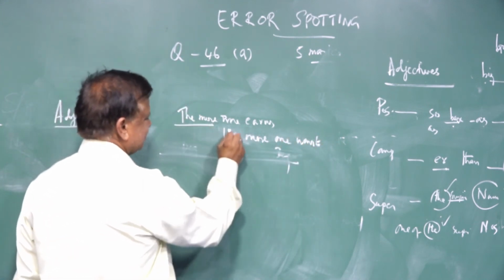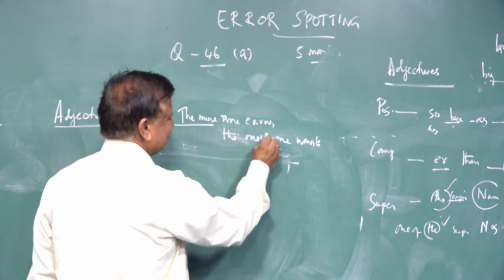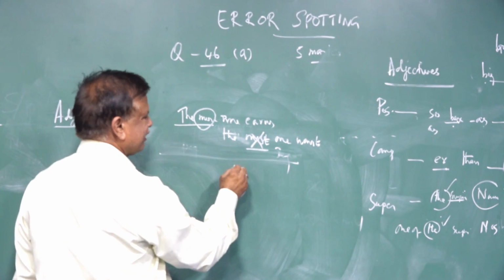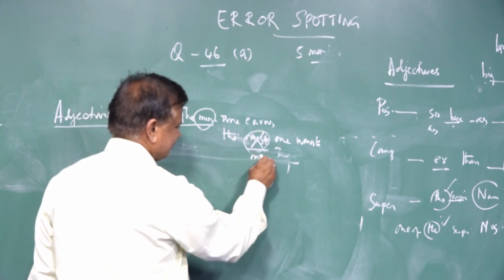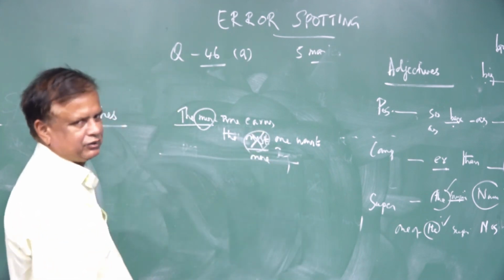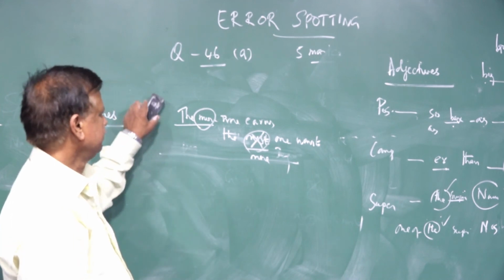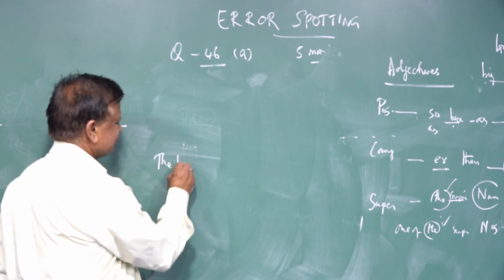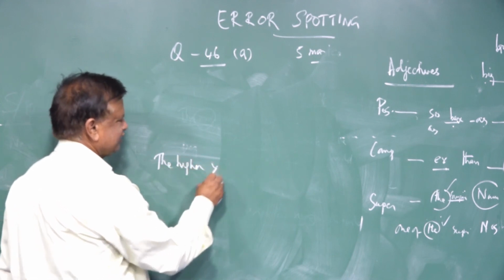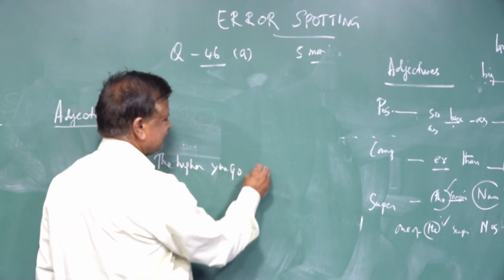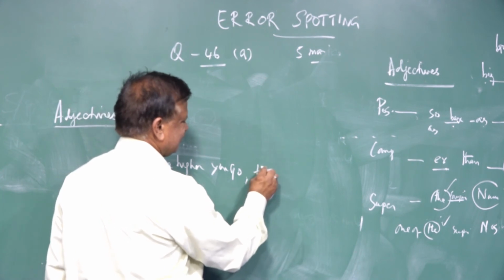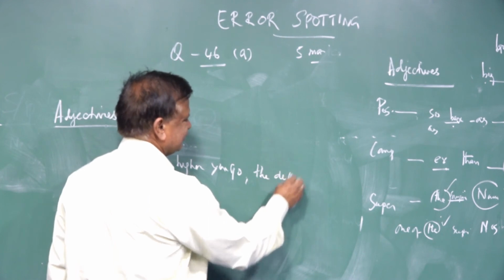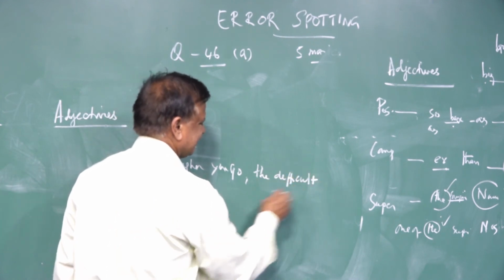The more. I cannot use the most. I cannot use the superlative. The more is comparative. I should use the comparative only. The degree should be maintained. I can give you an example sentence. The higher you go, the difficult it is to breathe. Is the sentence right?